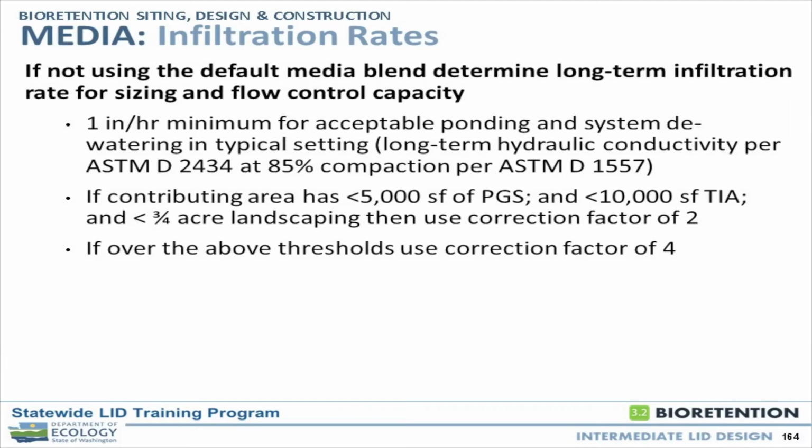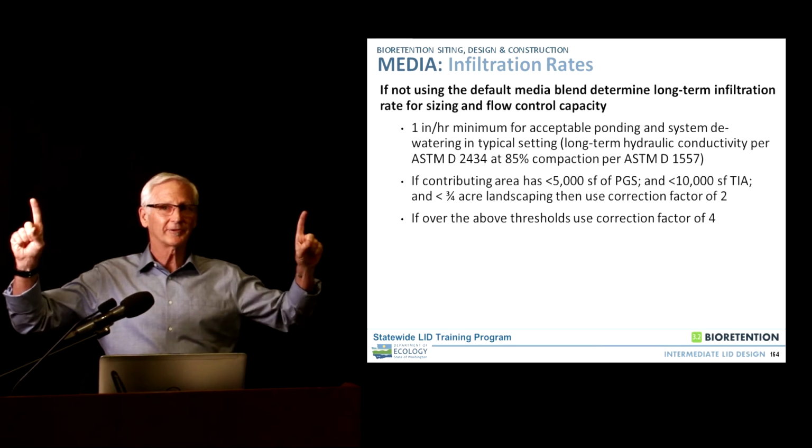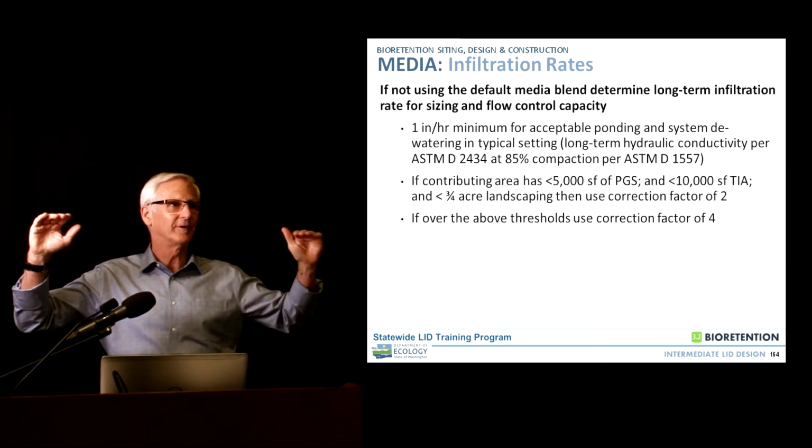The difference between 2 and 4 is a pretty big deal. And this has to do with the thinking that the larger the contributing area, the more sediment, the more junk that's going to be coming into that bioretention area and potentially clogging that media. All right? So these are for the media, not the subgrade. Two different. So now when you're designing correction factors, you're thinking about 2 different areas.